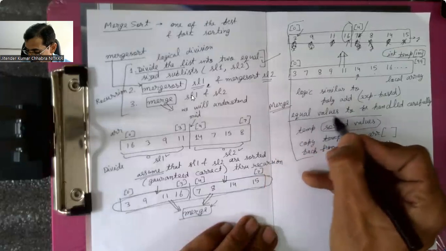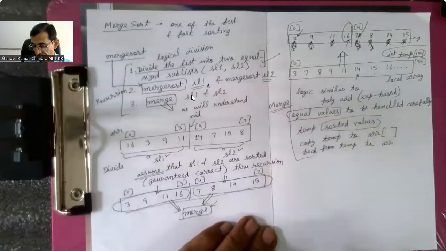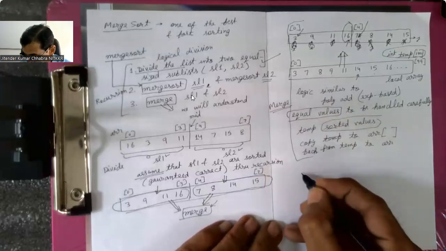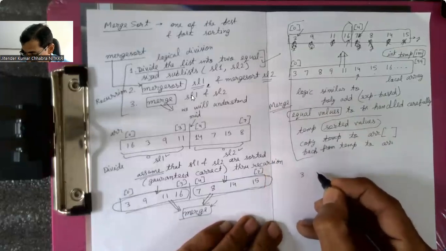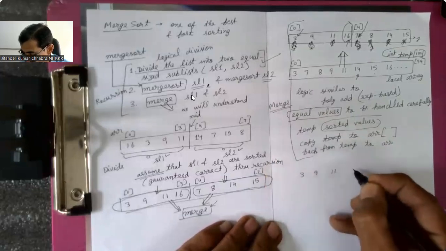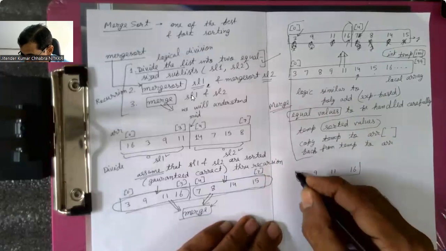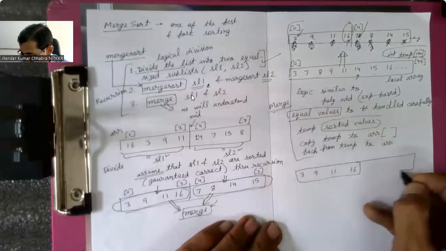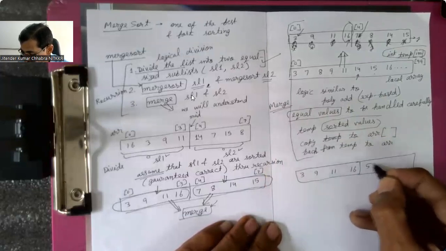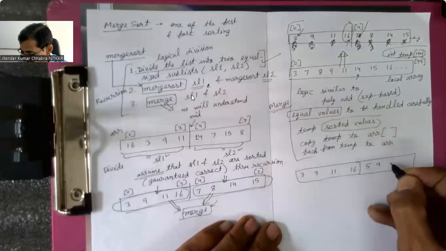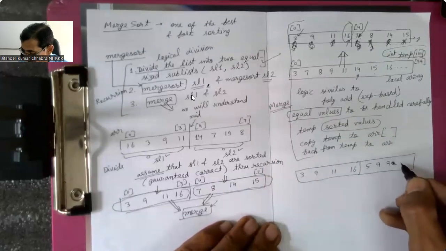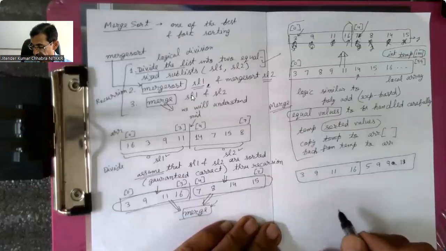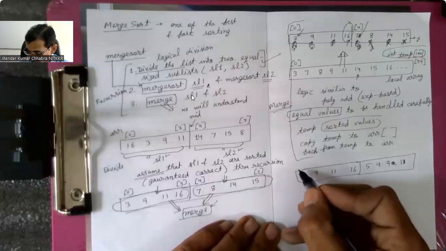Now, coming to the discussion related to equal values. Let's assume I had here 3, 9, 11, 16. The other list also I had, let's say 5, 9, 10, or I'll say further 9 also, 11, and maybe 30, whatever. So I had these values to be merged.